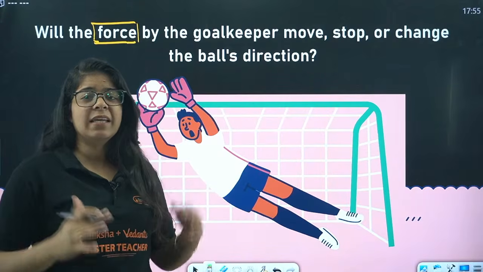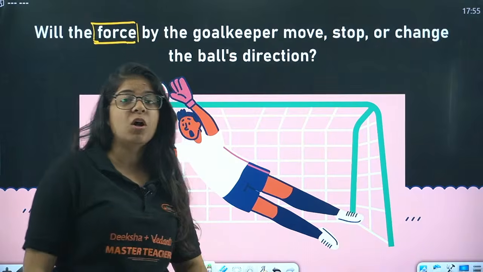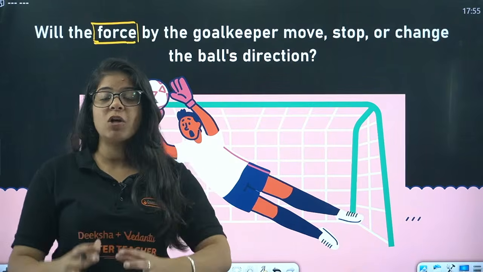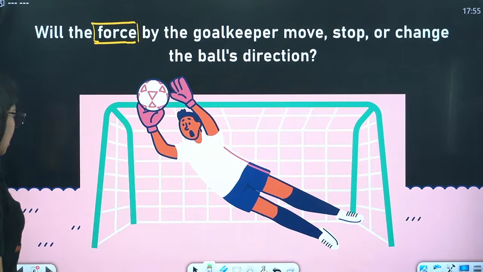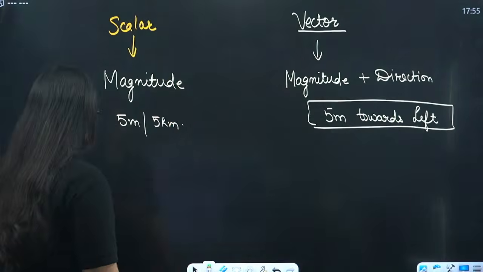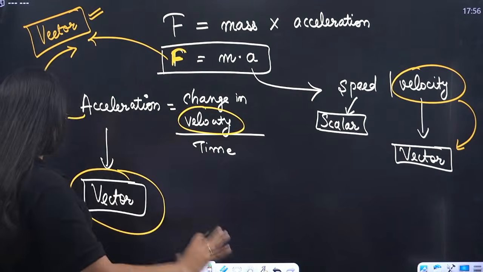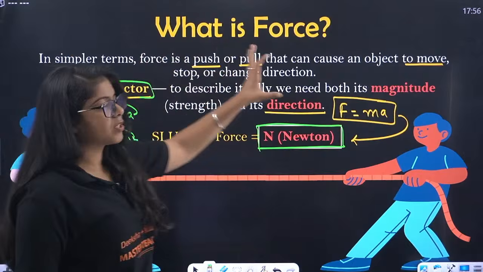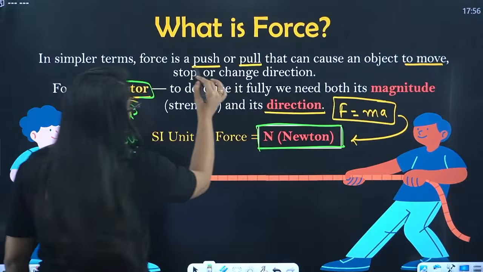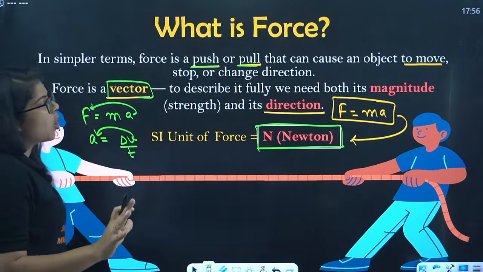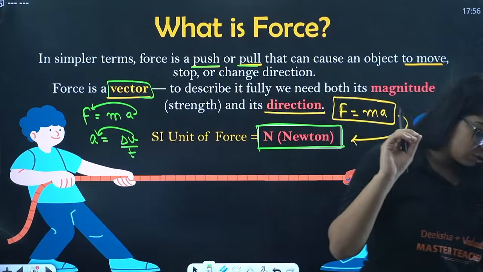And when he gives the ball back to the players, he will kick the ball. He had stopped the ball, now the ball is at rest, he will give it a motion. Done? So after that we simply studied scalar and vector. Force is a very important thing that we studied. It is simply a push or pull that can cause an object to move, change its direction or stop altogether.